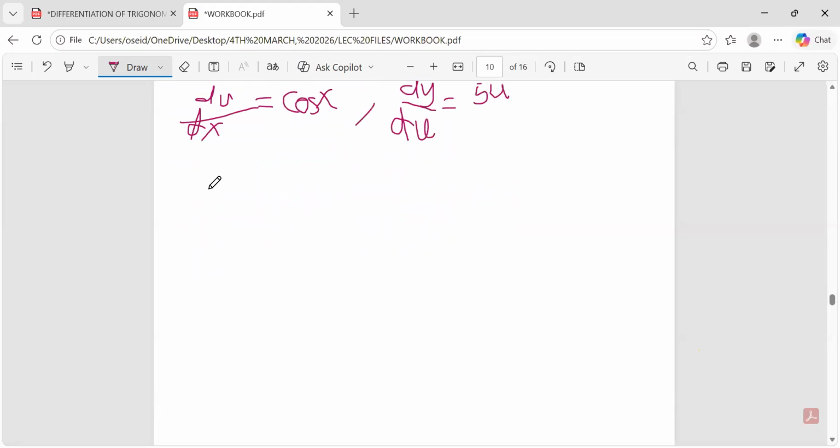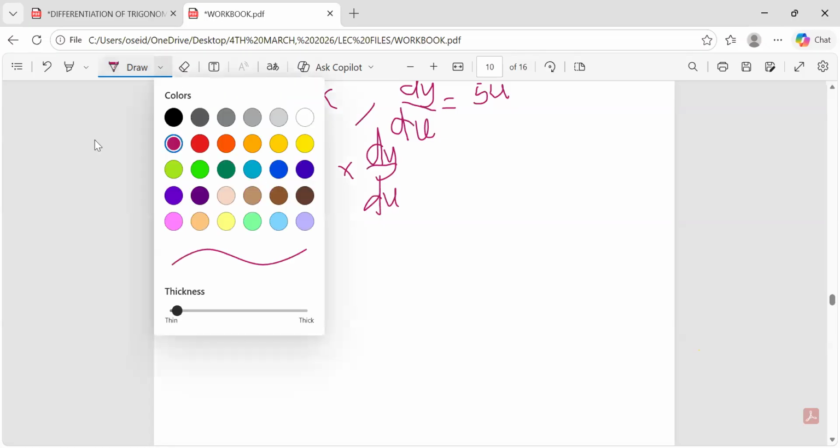So dy dx, which is the final answer, or the formula for calculating the chain rule, dy dx is going to give us du dx times dy du.